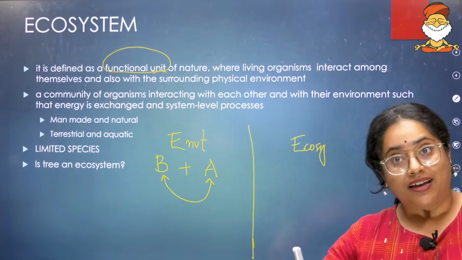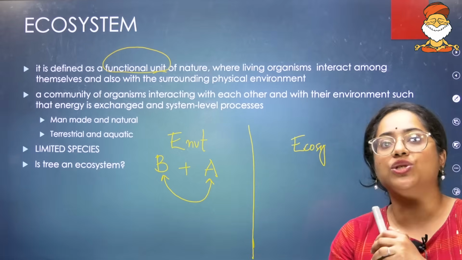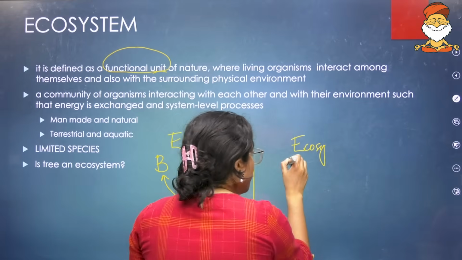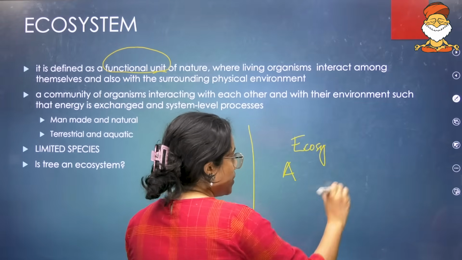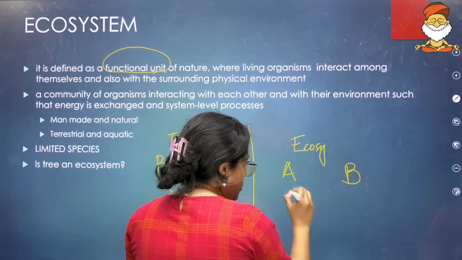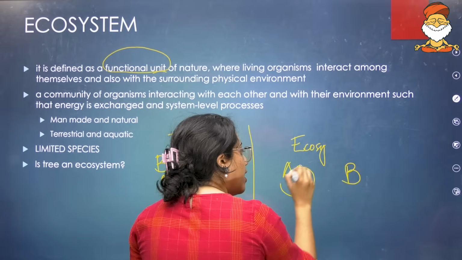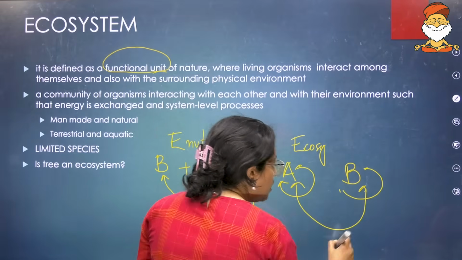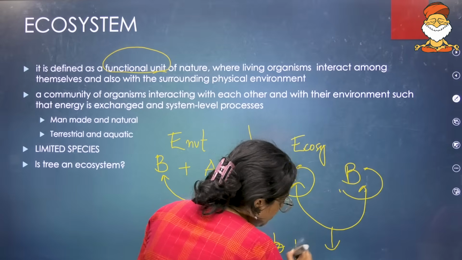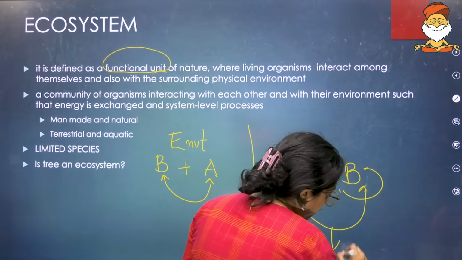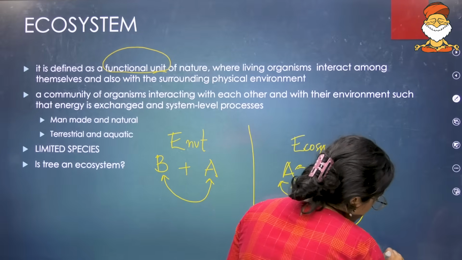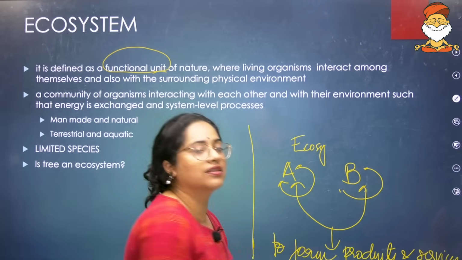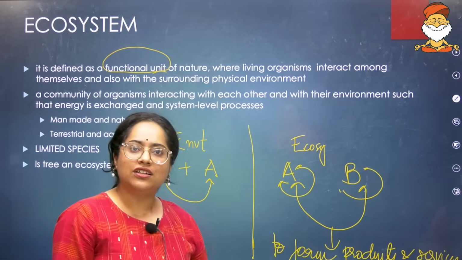Now the same thing, if I had to define it as an ecosystem, I would say it is a group of abiotic factors and biotic factors interacting among themselves and with each other to form different products and services. What is the difference over here?